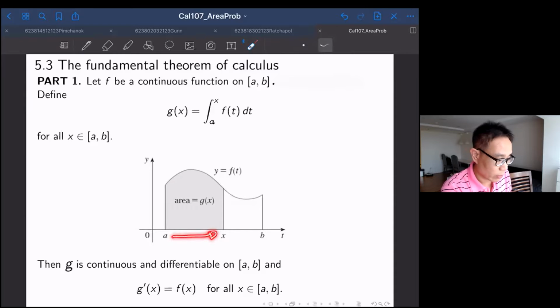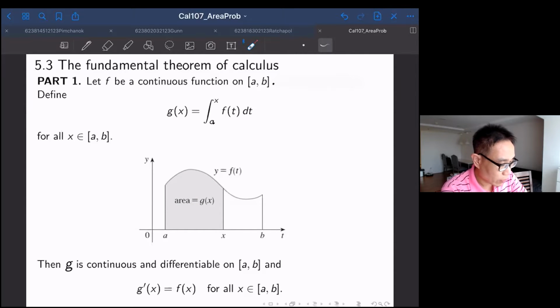So the area is equal to g(x), and it gives you this area. The fundamental theorem of calculus part 1 says that this function g will be continuous and differentiable on the interval [a, b], and g'(x) equals f(x).